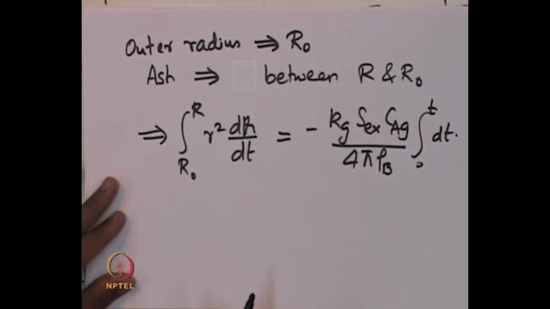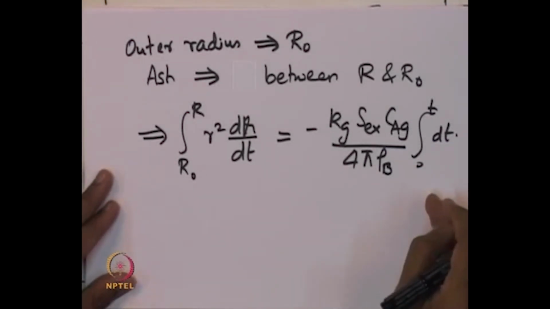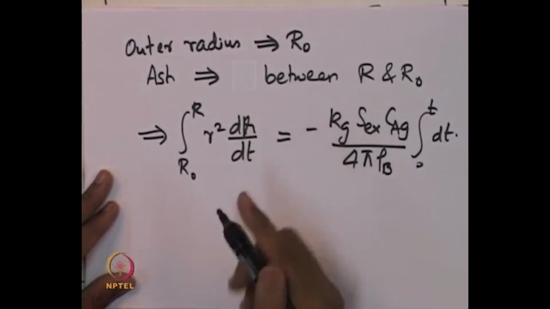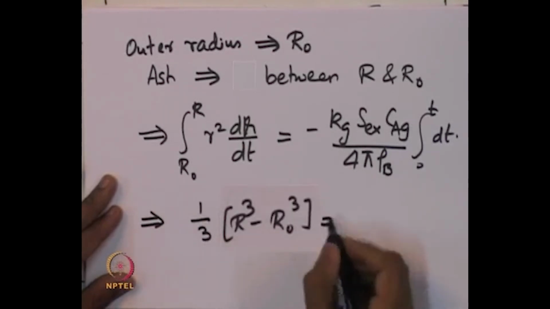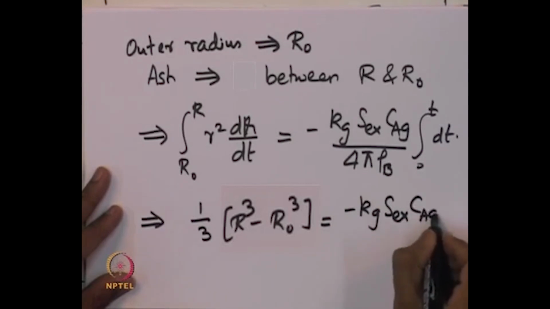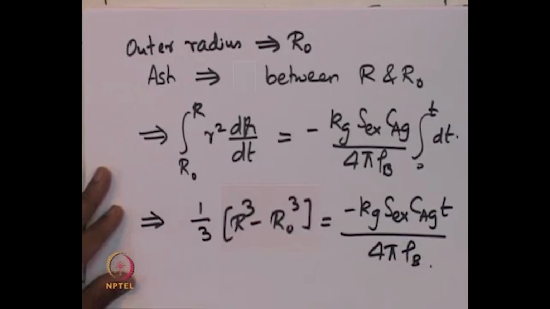This integration will provide an expression for finding the radius of the unreacted core as a function of time. The integration gives 1 by 3, equal to the right-hand side into rho b. This expression provides a relationship between the radius of the unreacted core and time.